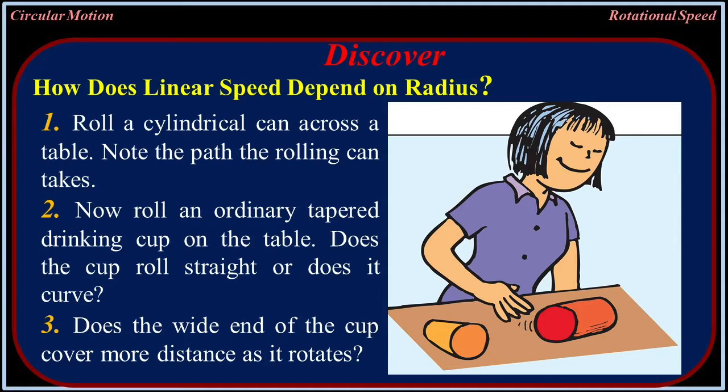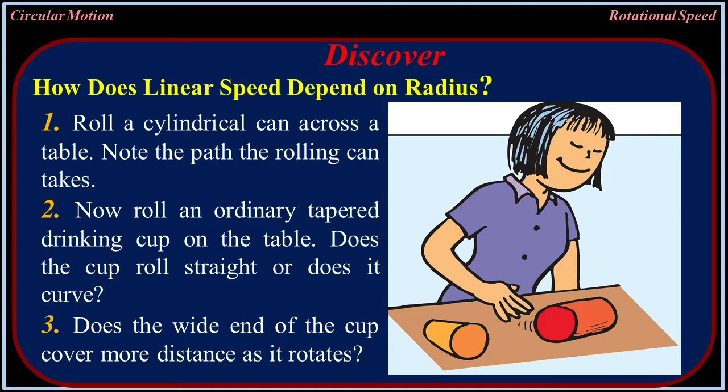How does linear speed depend on radius? Roll a cylinder, a can, across a table. Note the path the rolling can takes. Now, roll an ordinary tapered drinking cup on the table. Does the cup roll straight or does it curve?